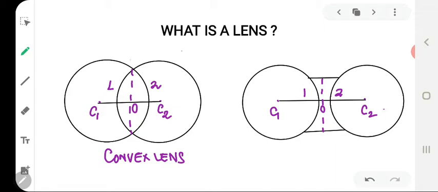You can mark the axis in this way. So once again you can see that a convex lens is thicker in the middle and thinner at the edges. A concave lens is thinner in the middle and thicker at the edges. So this is the basic difference in the construction.